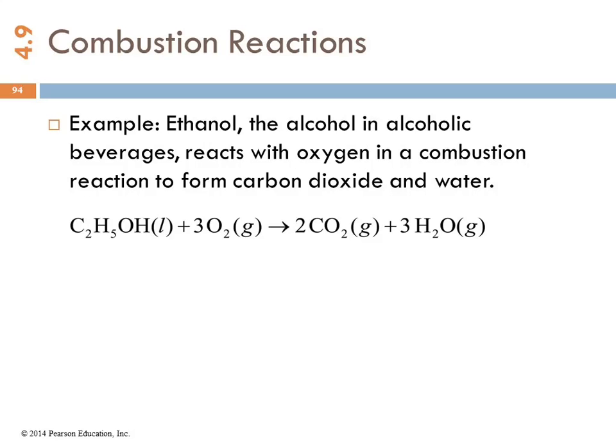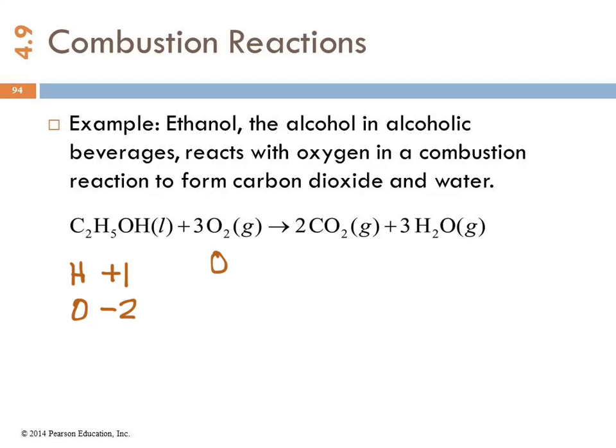Just for grins, let's look at the oxidation numbers. We'll start with something easy. How about oxygen? 0. Okay, here's the ethanol. Hydrogen gets to be plus 1. And oxygen is next. He gets to be negative 2.